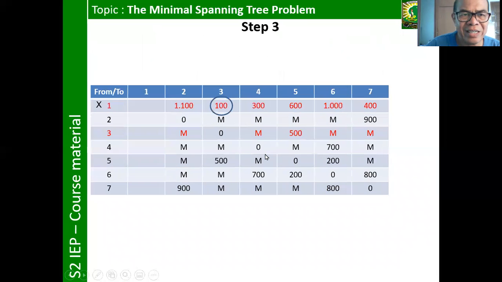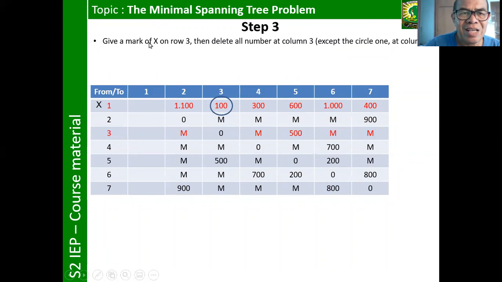Next, step 3, similar to before. Mark X on row 3 because we have already connected it, then delete all numbers in column 3.